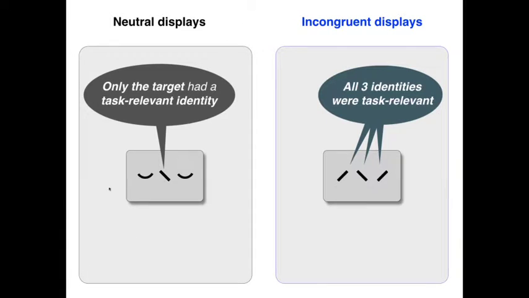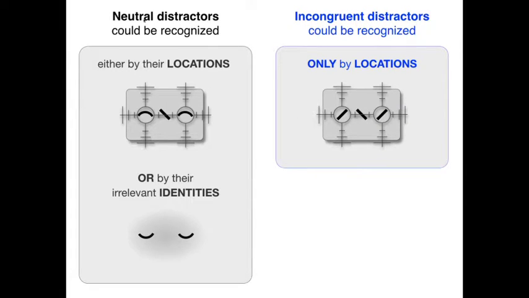In neutral displays, only the target had a task-relevant identity, while in incongruent displays, all three identities were task-relevant, which means that neutral distractors could be recognized either according to their task-irrelevant locations or according to their task-irrelevant identities, while incongruent distractors could only be recognized according to their task-irrelevant locations.